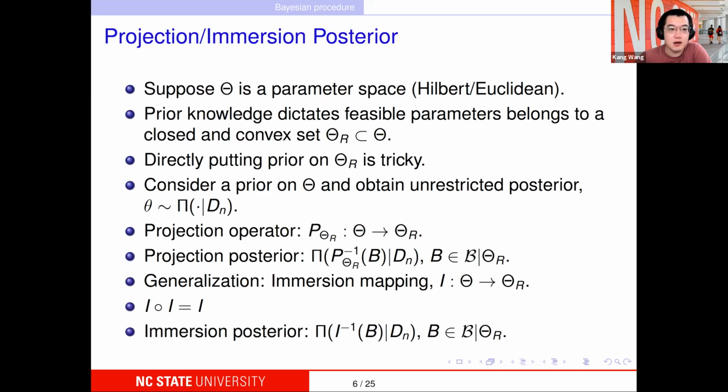Basically, there are two ways to convert the unconstrained posterior to the constrained parameter space.